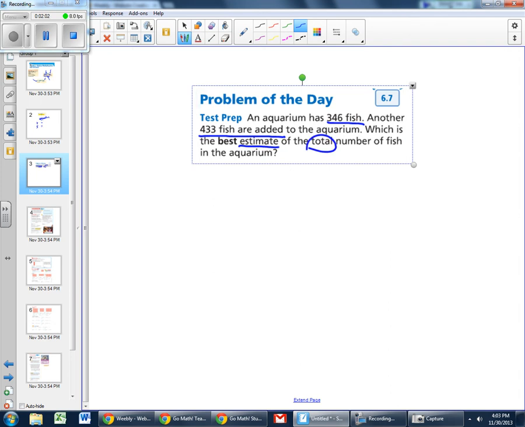Usually this is a multiple choice problem, so we're just going to solve it and then round it to the nearest 100. So the aquarium has 346 fish to begin with, and then another 433 fish are added, meaning we're going to add to find the total, which also tells us to add.